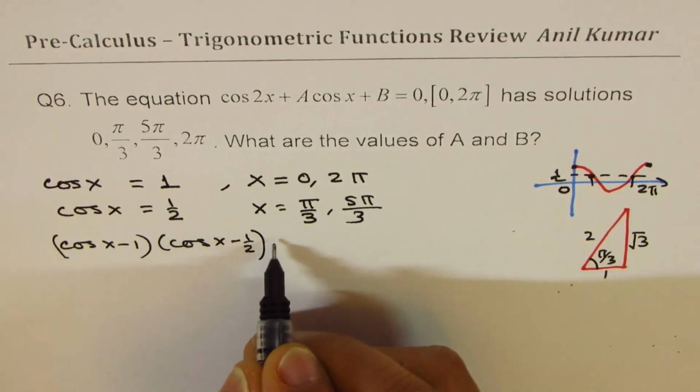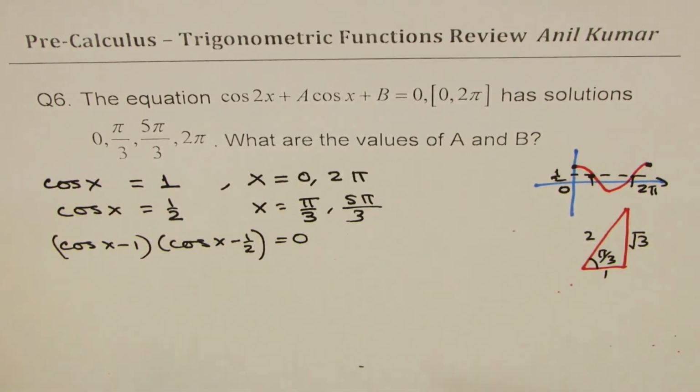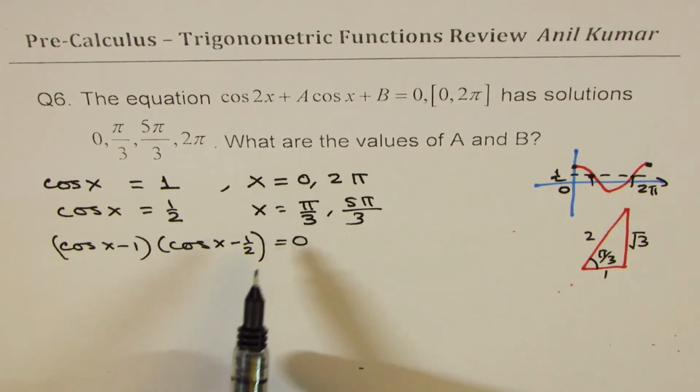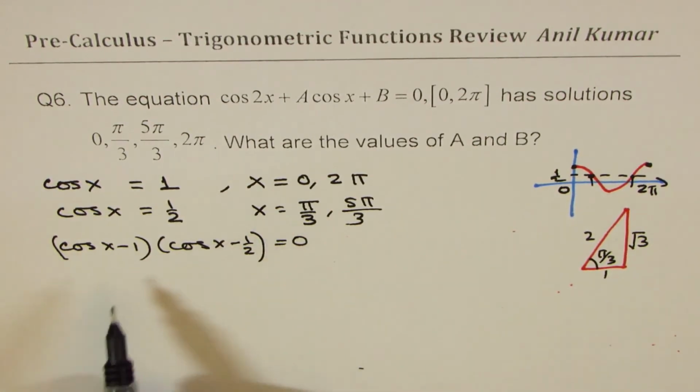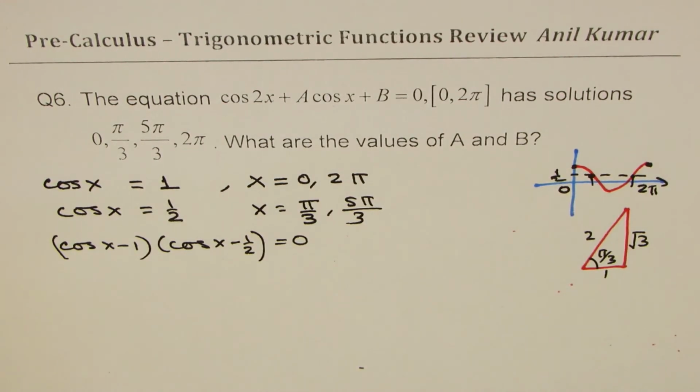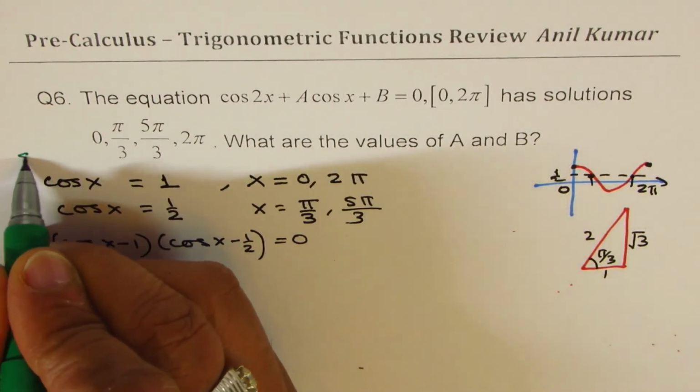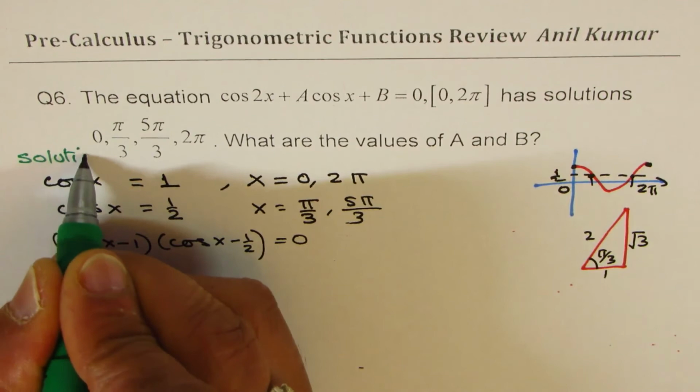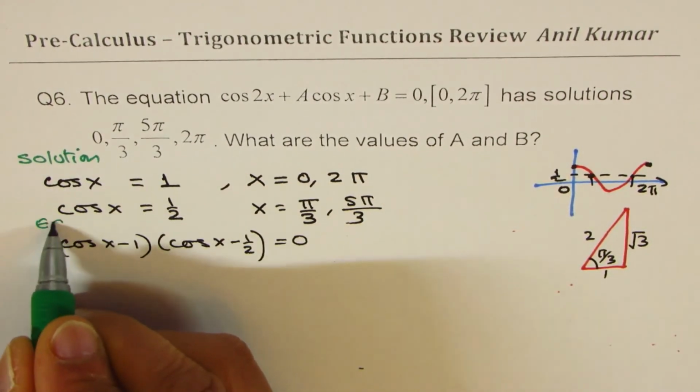That should be the equation, equals to 0. Perfect. So that becomes the equation, since these are the solutions, right? So we go backwards from solution to equation. Do you see that? So we have a solution, and now we have equation.